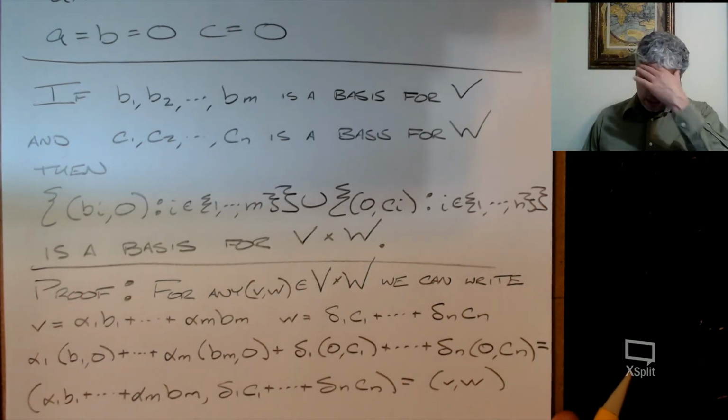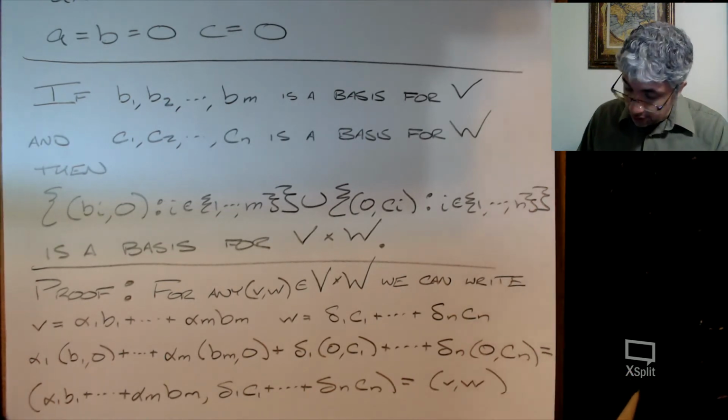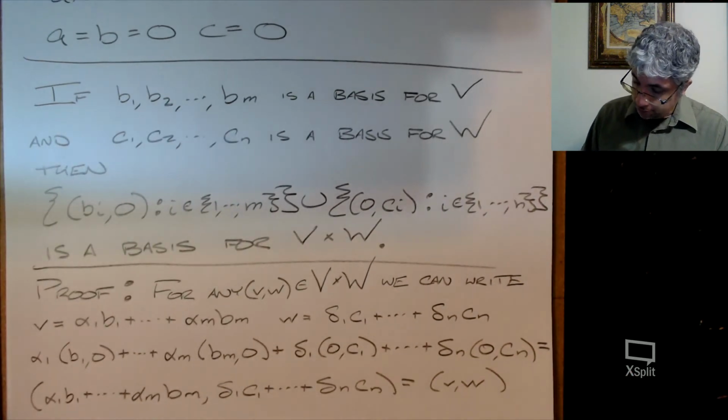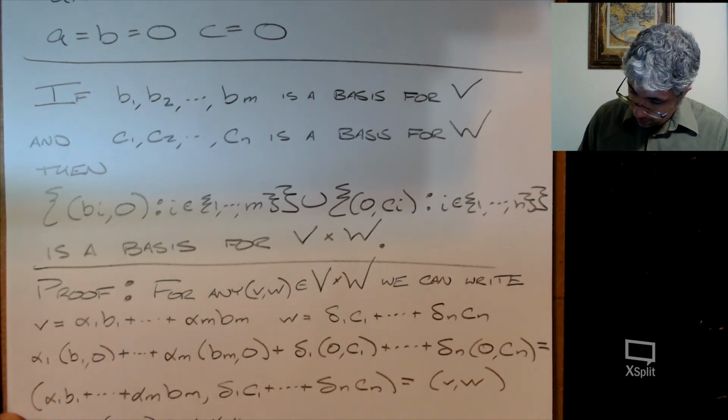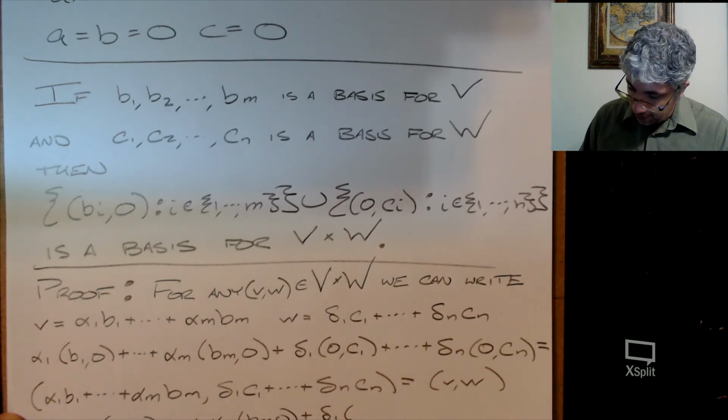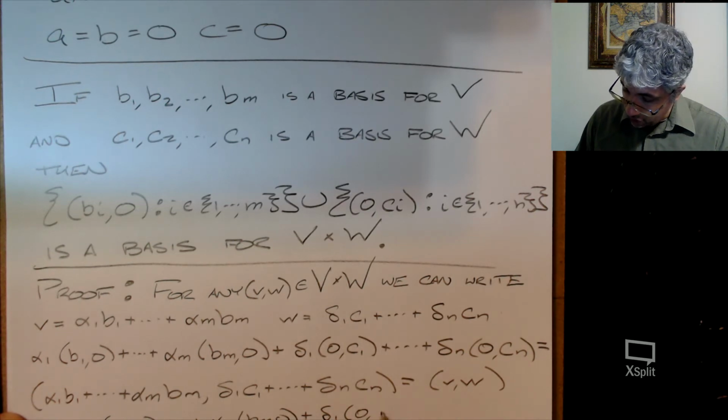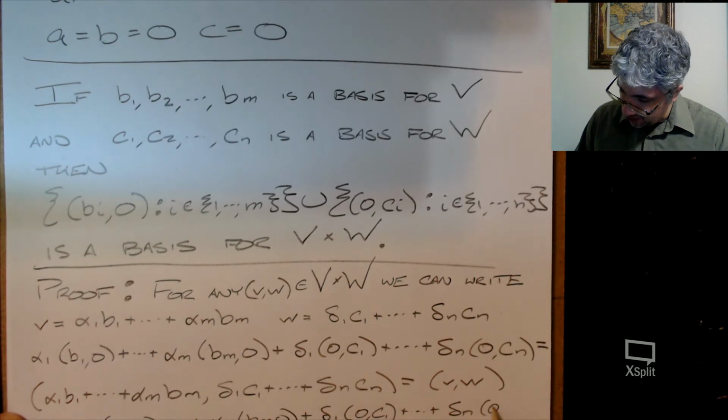So suppose I need now to show that these are linearly independent. Well, I'll say if alpha 1 (B1, 0) plus alpha m (Bm, 0) and so on. And I'll name these constants alpha 1 through alpha m, delta 1 through delta n, so they match. It'll mean we have less work to do because we know what this is.